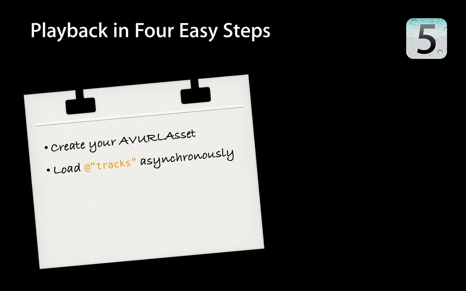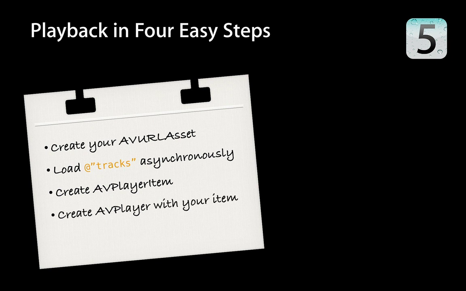Once your tracks had been successfully loaded, you created your AV player item. And then with that AV player item, you associated it finally with your AV player. Now, given the feedback from developers like yourselves here at DubDub and since then, we've made it even easier. In fact, we made it easier even in iOS 5. You can now achieve basic playback in just 3 easy steps.